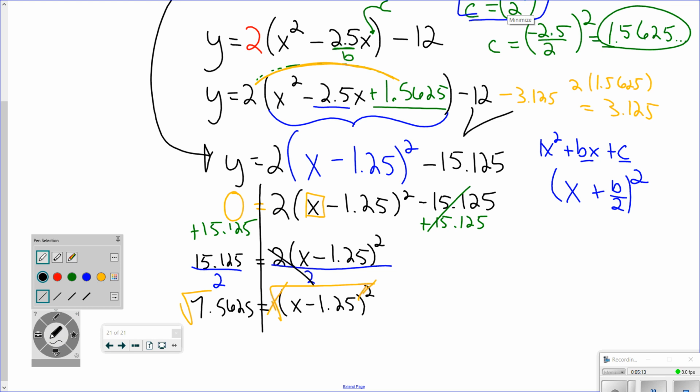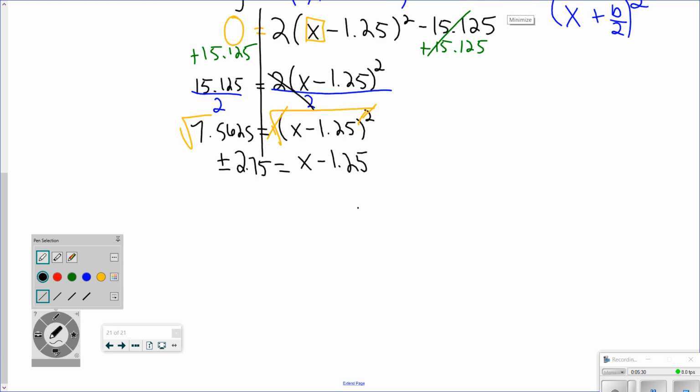So the square root of 7.5625 is a plus or minus 2.75, and that equals x minus 1.25. When you are taking the square root, it's important to remember plus or minus because a positive 2.75 squared equals 7.5625, and a negative will also equal that.